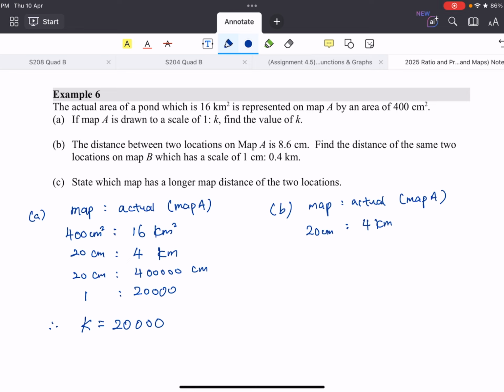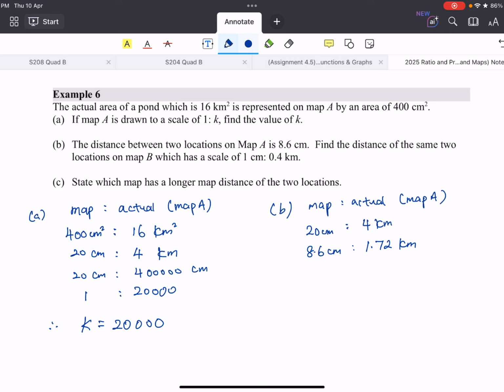So let's see, 8.6 cm. So 8.6 divided by 20 times 4 will give us 1.72 kilometer. Right, double check again, 8.6 divided by 20 times 4.